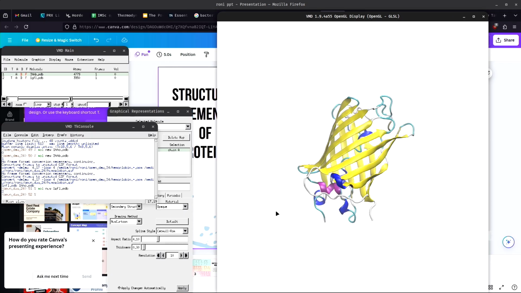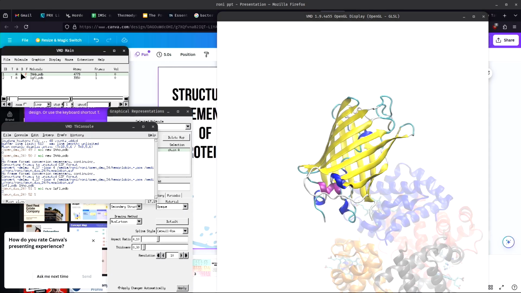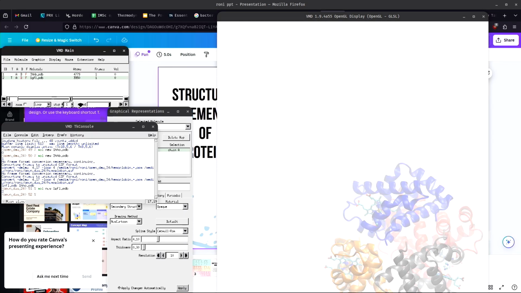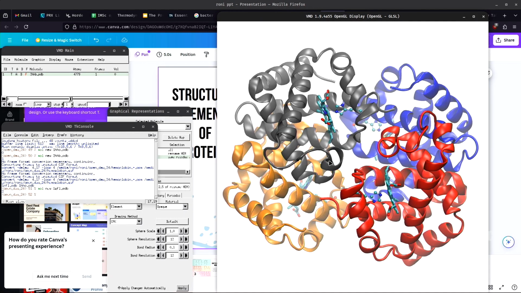Another example which I have loaded is a protein which you probably have heard of, hemoglobin. You know hemoglobin? What does hemoglobin do? Oxygen to the cell. Correct. So hemoglobin is the protein which carries oxygen to various parts of the body.